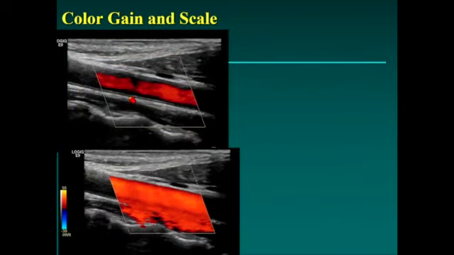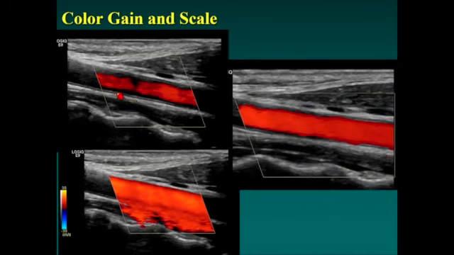And here I've changed 3 things. Again, I did this perhaps in an exaggerated way to make a point, but you can see that if you undergain, you will miss some of the flow around the wall. If you overgain, you can bleed out into the adjacent tissues, and this would be more optimally gained.